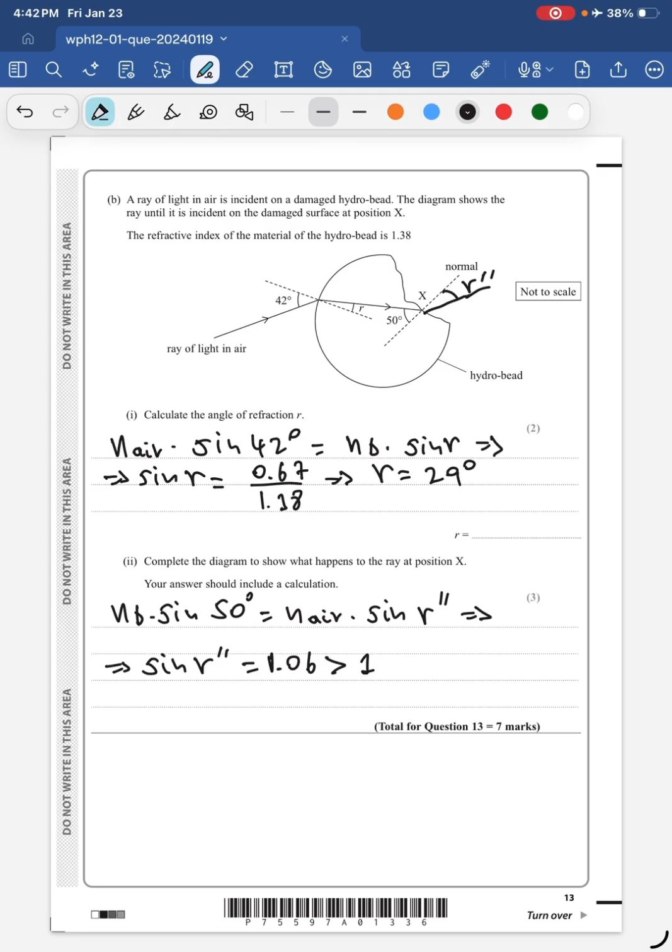So let's write it, total internal reflection. So let me think.